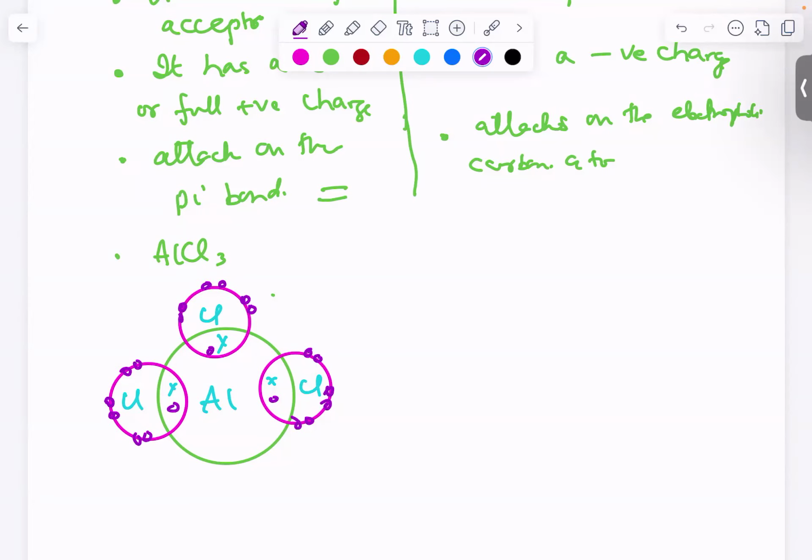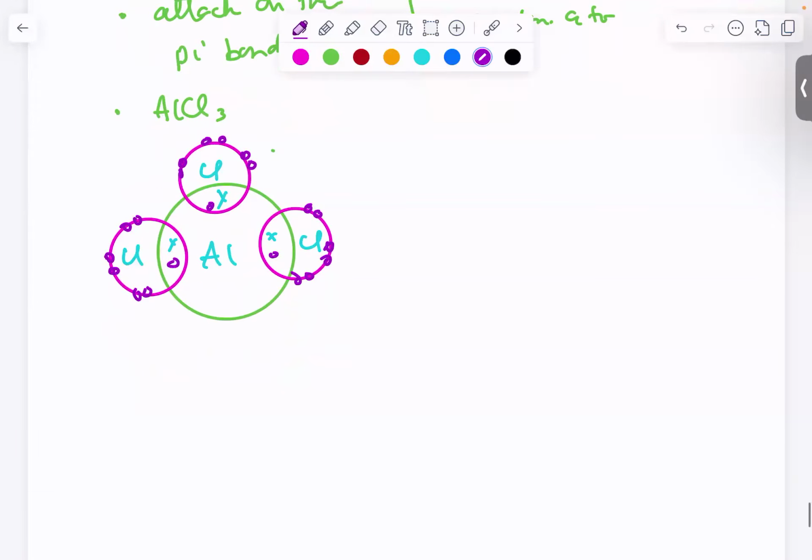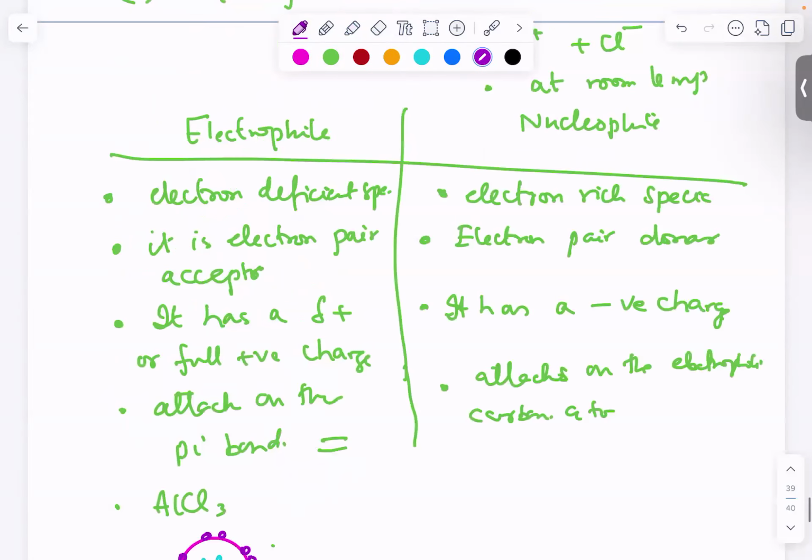Any guesses? Look at this empty space. So what is an electrophile?